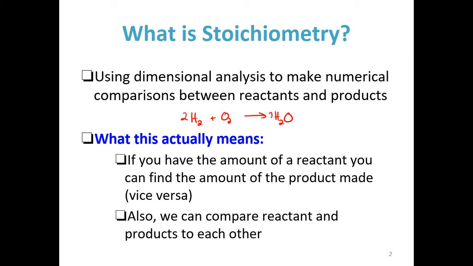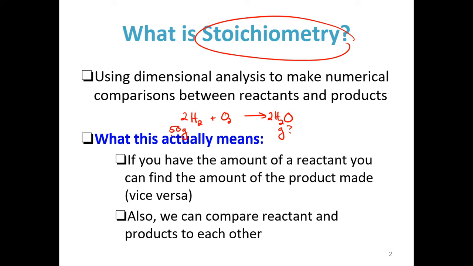Let's balance this out. So you have hydrogen and oxygen making water. If I tell you that I have 50 grams of hydrogen, using this principle of stoichiometry, you can actually figure out, once I teach you, how many grams of water we are making if we start out with 50 grams of hydrogen.